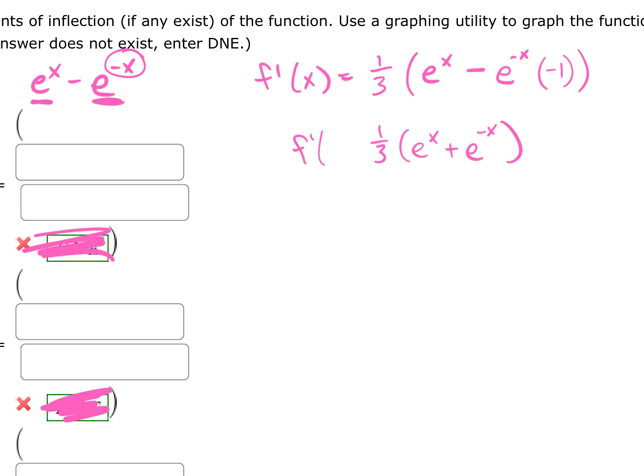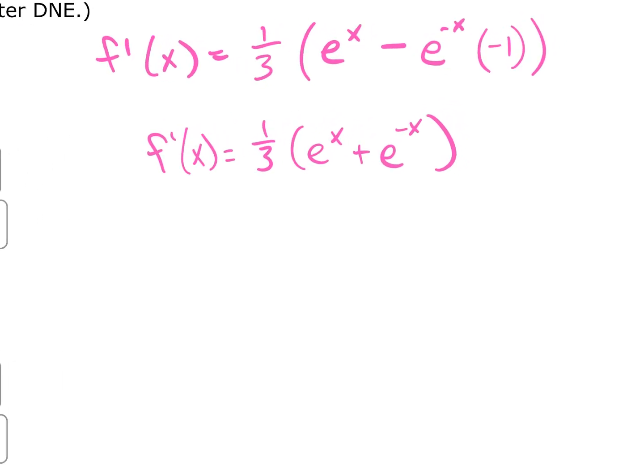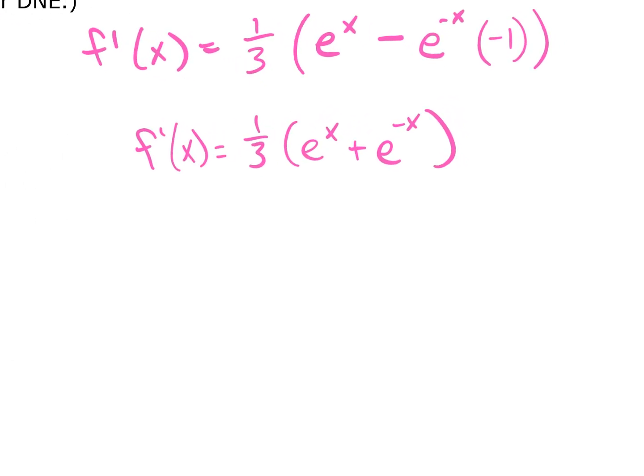So this would be our first derivative. How would we find our critical numbers? Set it equal to 0.